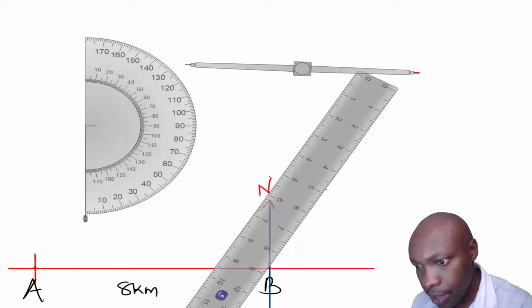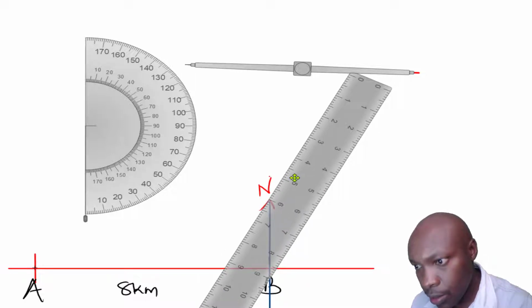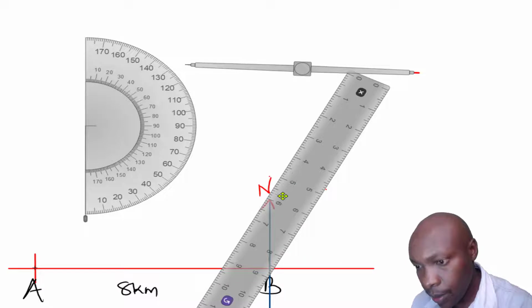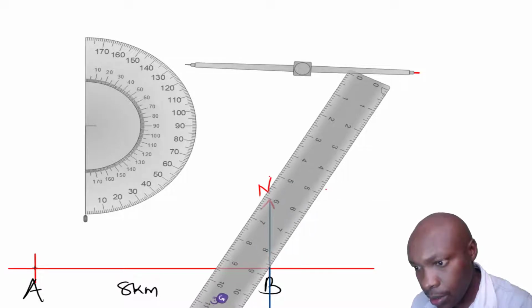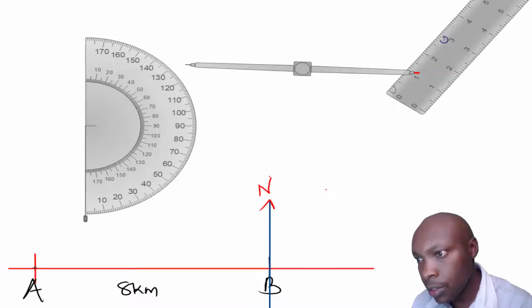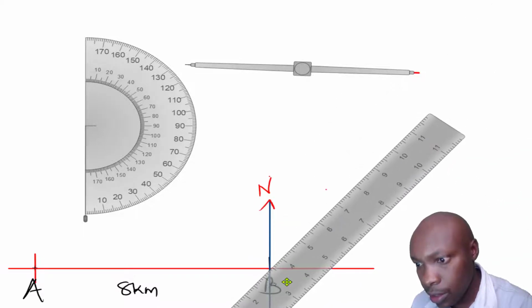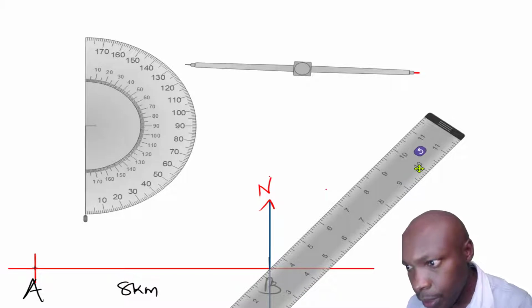You must be very accurate here to avoid making errors where the line will pass. Let me have this side on this. Let me rotate it like that. I think it is easier.